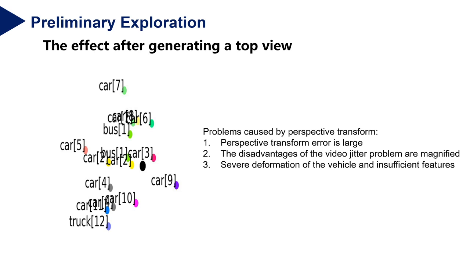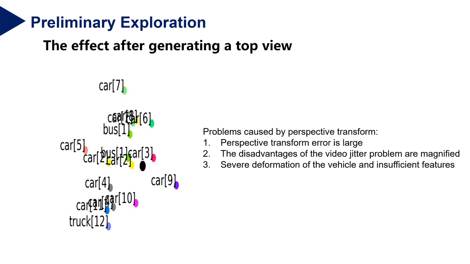Some vehicles in the image are repeated, and there are also some unreasonable location distributions among objects. Through analysis and summary, we found that the perspective conversion brings some disadvantages. So why did it fail? It's because the perspective transformation error is large.